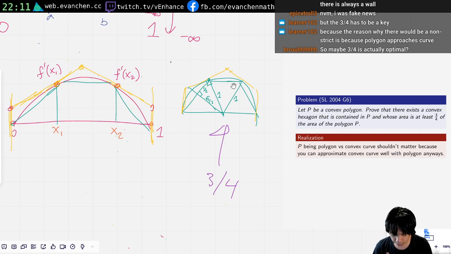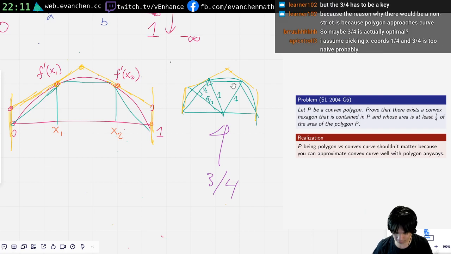I want something that's an analog of that for here, but I don't know what it is. Oh no. It was looking so good.